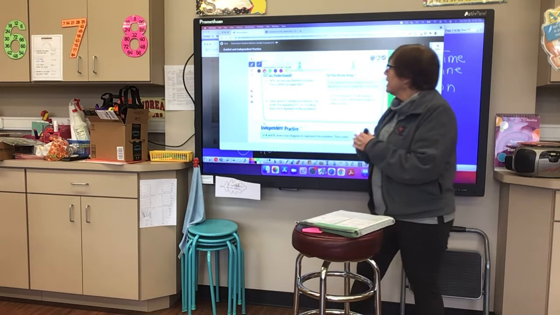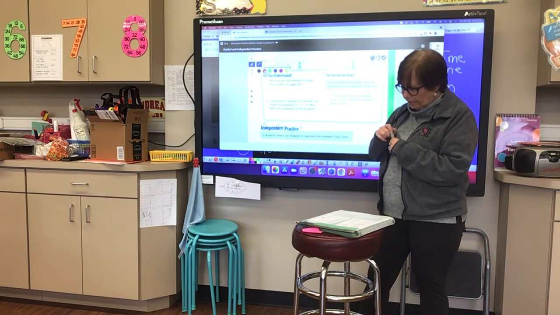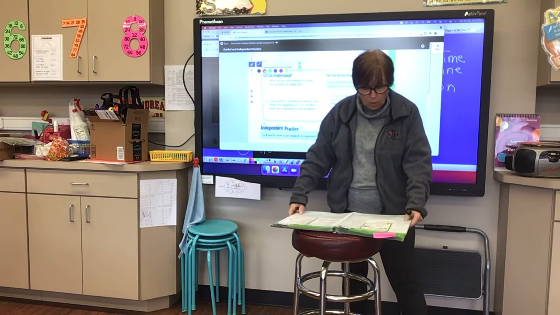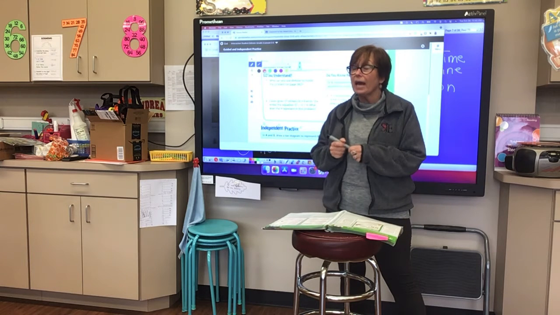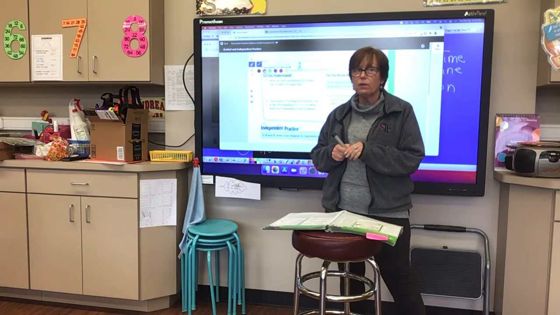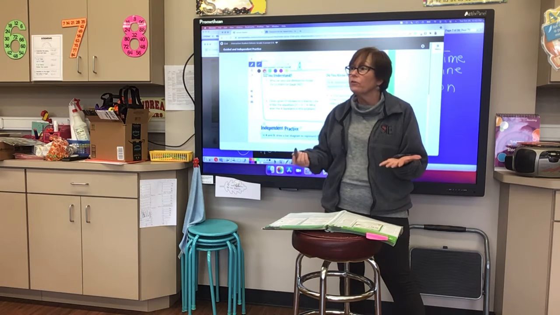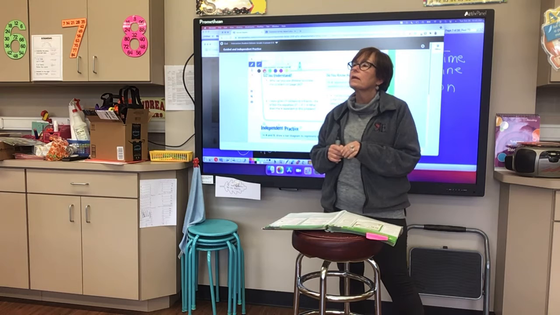So it says, why can you use division to model the problem on page 262? So 262 was our problem with our hats. Why can we use division to figure that out? Amelia? Because we know the product and what are the factors. We know that. And what are we trying to do with our hats?